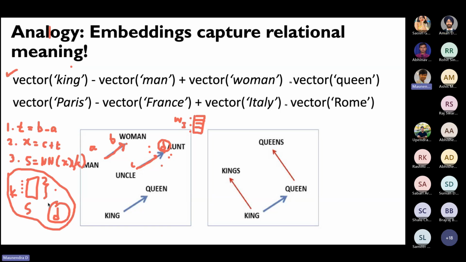Between what and what? So in a way, if we go with the vector of king minus the vector of man plus the vector of woman, and we take, wait a minute.